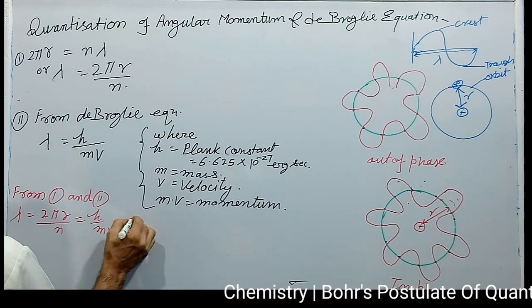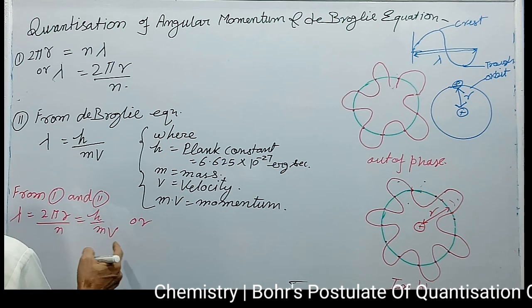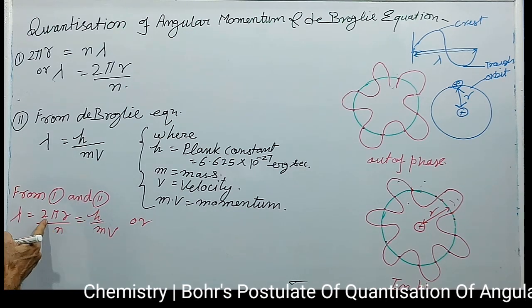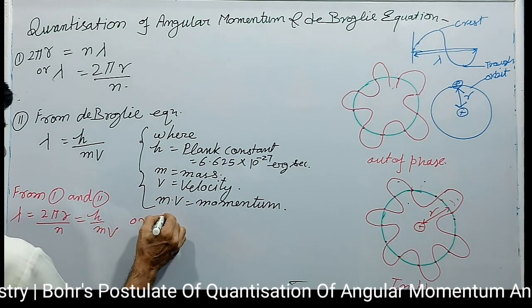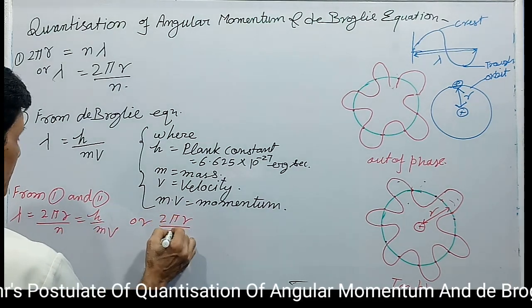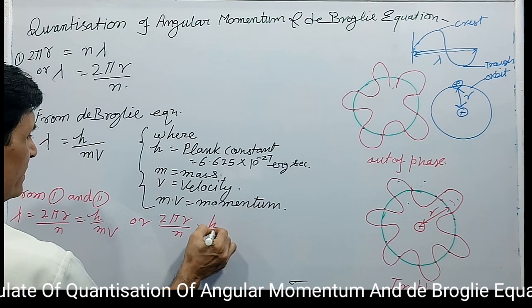So we can write 2 pi r by n equals h by mv.